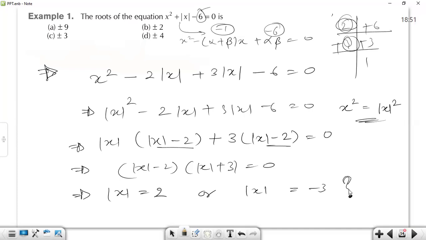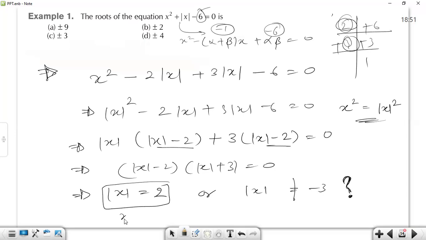No. Why no? Because modulus is taken just to make the number positive. That's why the modulus of any number cannot be negative. So this is not our solution. The solution is this: modulus of x equals 2.